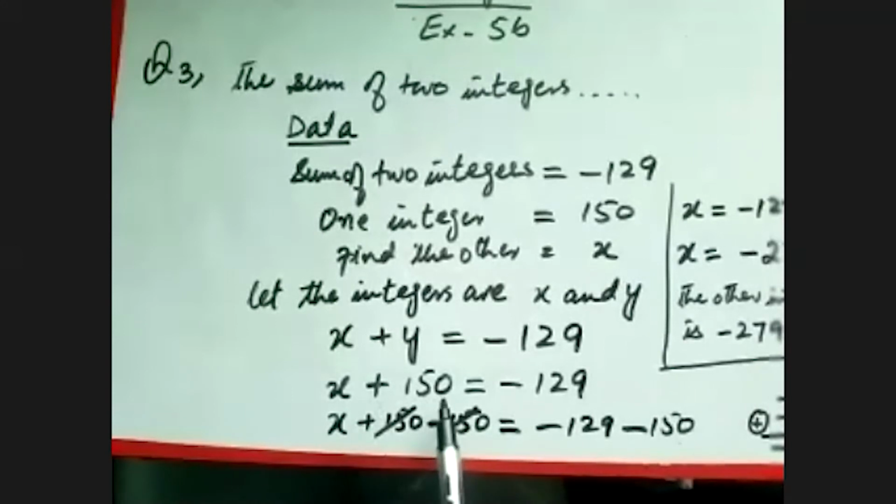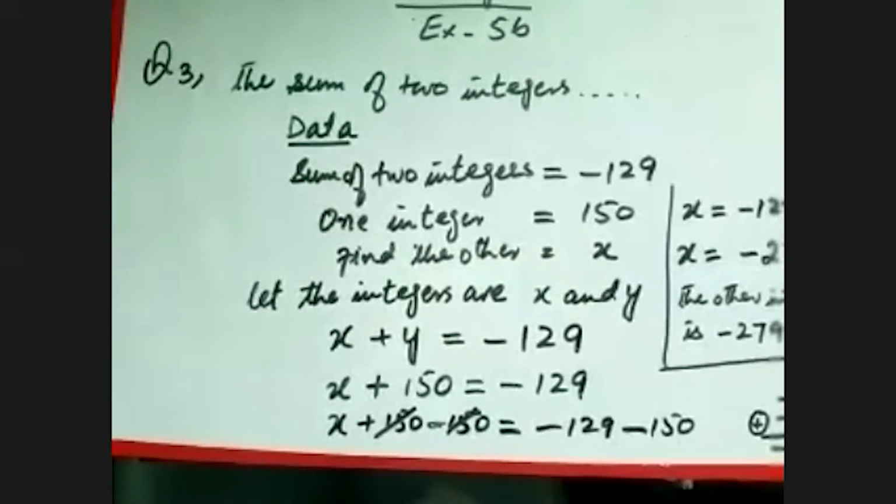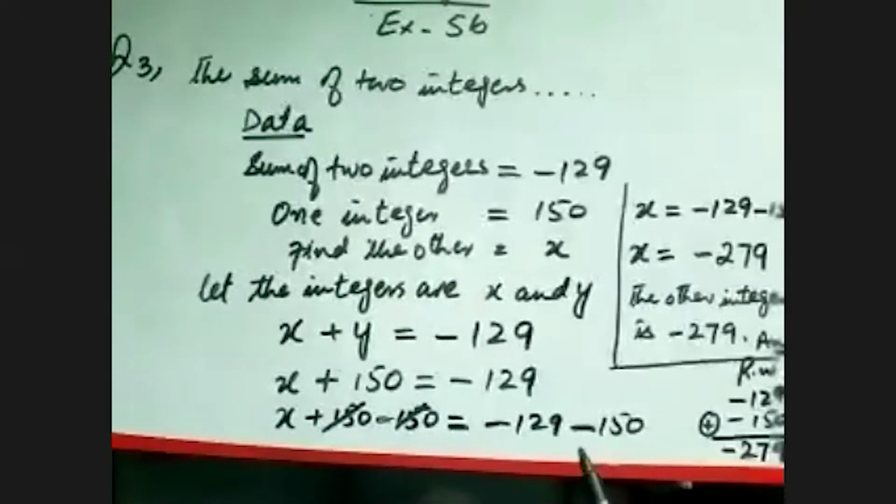Plus 150 is given. You have to make it 0 by adding minus 150 to it. So you will add minus 150 to the right hand side also.